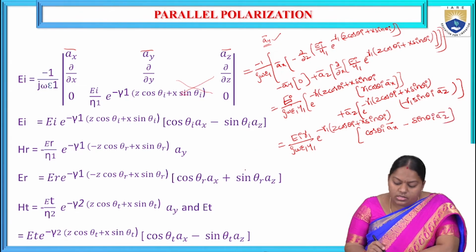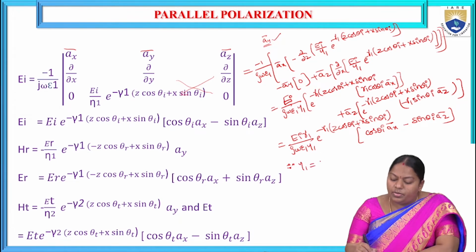So this can be obtained, and as we know the intrinsic impedance eta 1 is equal to j omega mu 1 by gamma 1. If you replace this total thing by eta 1, this eta 1 gets cancelled, and what remains is Ei only.